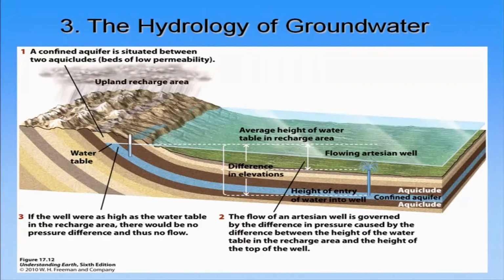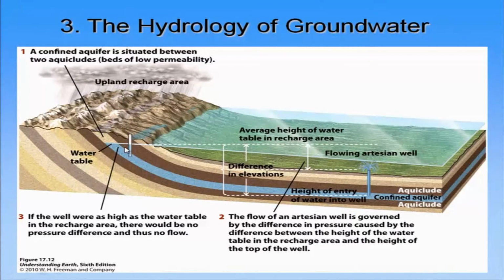Now another part, further we can discuss what we have discussed in the previous slide. A confined aquifer is situated between two aquicludes, and an aquiclude is a bed of low permeability.